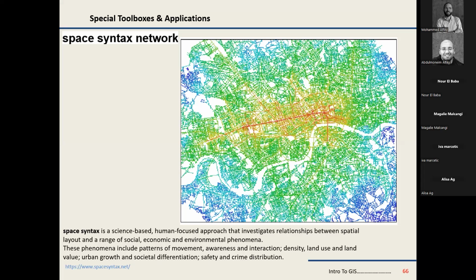It's dependent on drawing the axial lines of all the streets and roads in a given neighborhood or a given city, and then evaluating them with ranks based on a specific theory. And it can give you the evaluation for that street network.